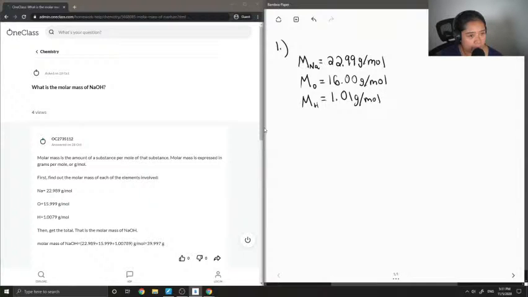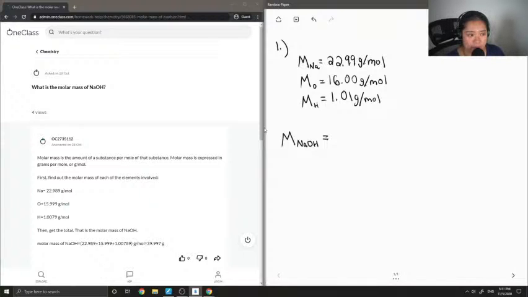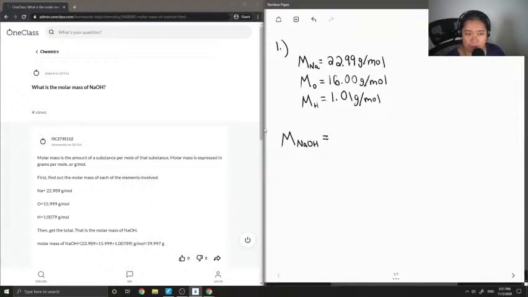So when we want to calculate the molar mass of NaOH, all we have to do is add these values together with respect to how many atoms there are of each element in the compound. So in the case of NaOH, there is only 1 mole of sodium, 1 mole of oxygen, and 1 mole of hydrogen, so we don't have to worry about multiplying it by any values.